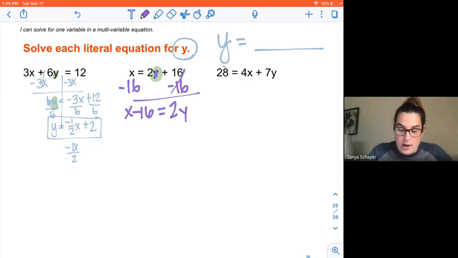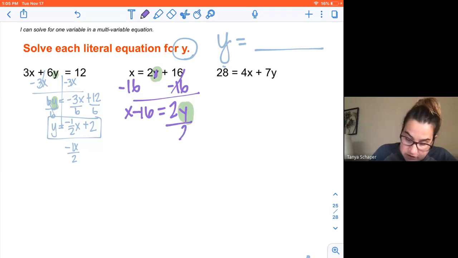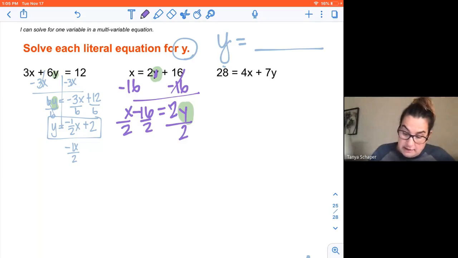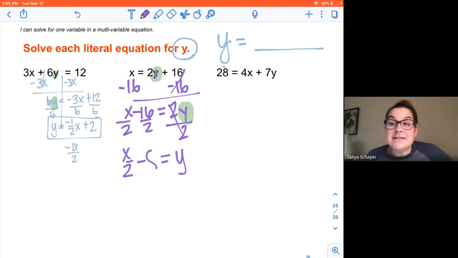I still want to get that y by itself. How do I undo multiplication? I divide both sides by 2, and I have to divide every single piece by 2. And so I end up with y is equal to x divided by 2 minus 8, because 16 divided by 2 is 8.